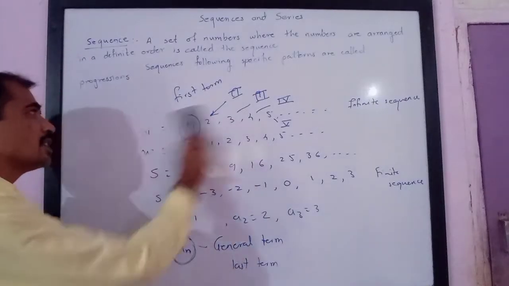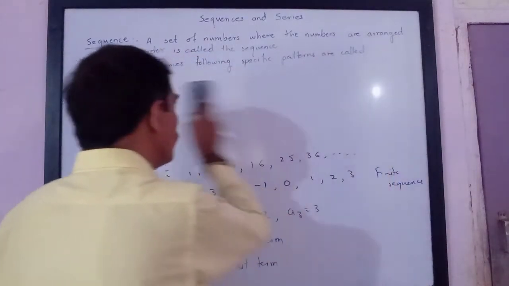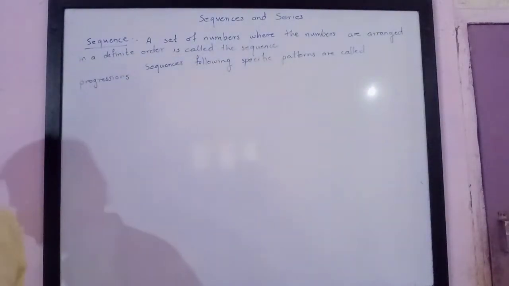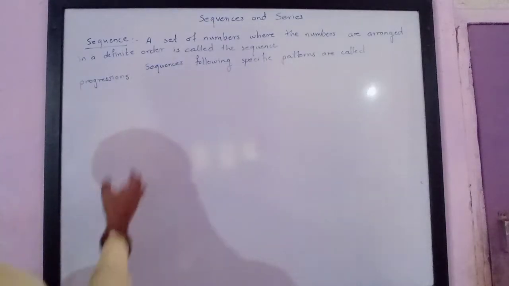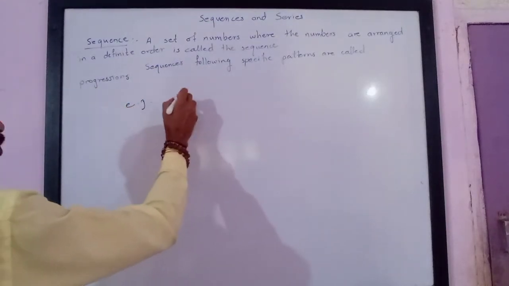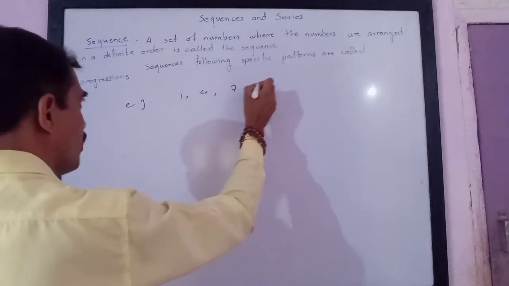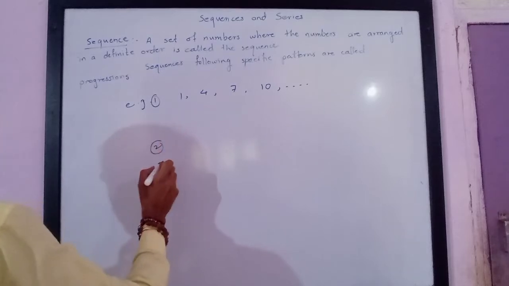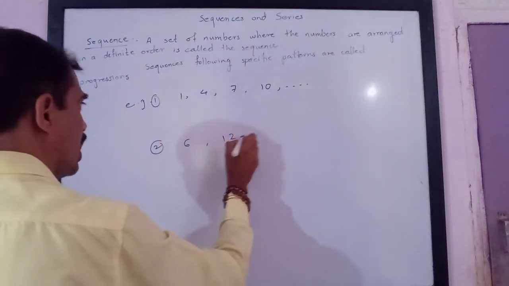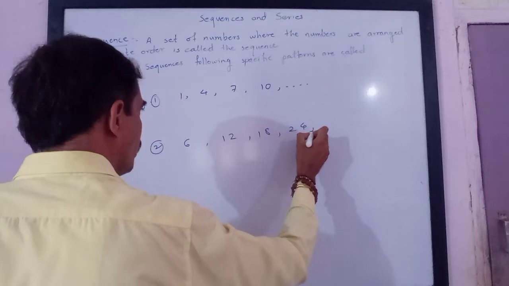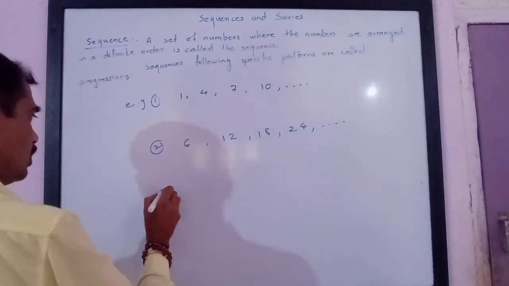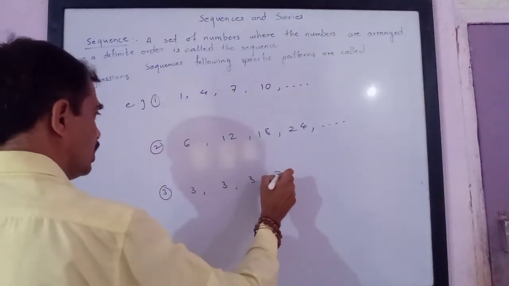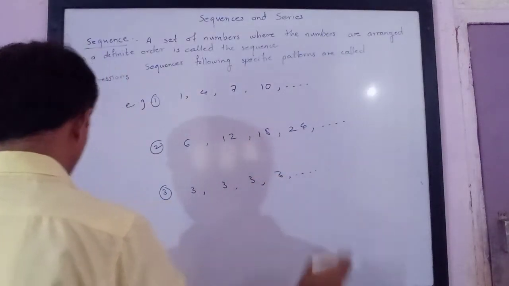Dear friends, let us try to understand sequences with some more examples. Next example: 1, 4, 7, 10 and so on. Second: 6, 12, 18, 24 and so on. Next: 3, 3, 3, 3 and so on.